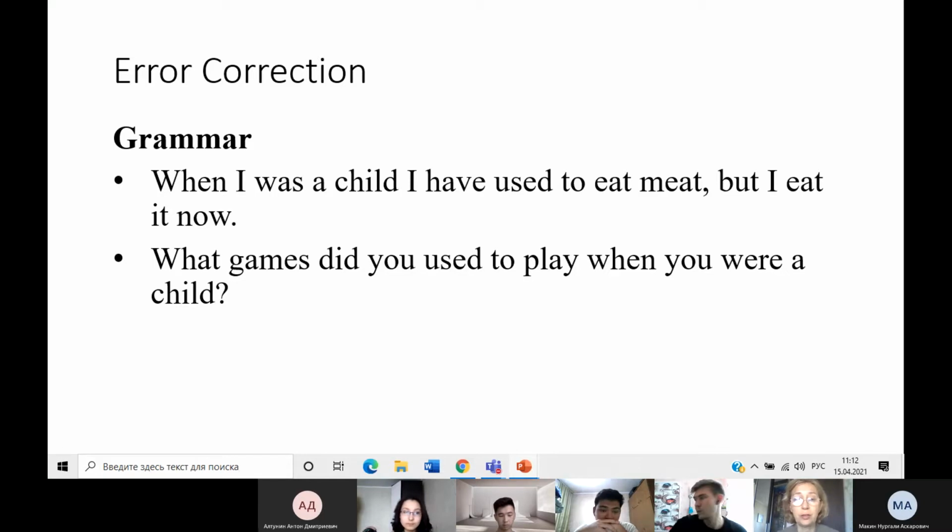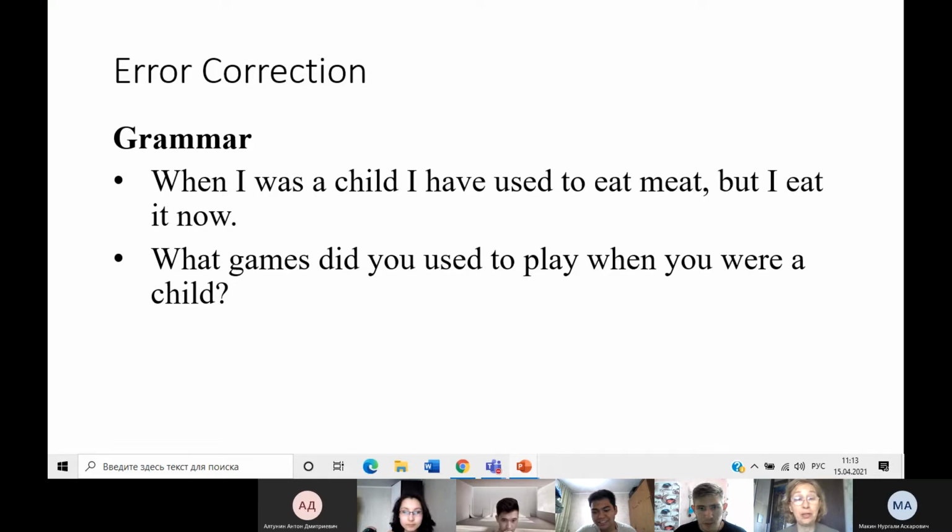So let us have a look at the sentence which one of the students wrote in the paper. The sentence sounds like, when I was a child, I have used to eat meat, but I eat it. Извиняюсь, я never, R в конце не дописал, и вы прочитали как have.